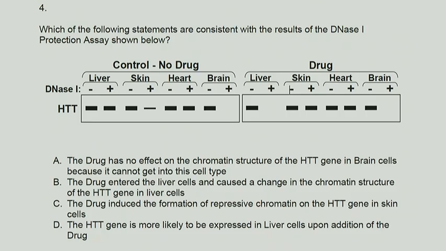But that hypothesis is consistent with the data. You've shown from the data that the chromatin structure is not being modified by the addition of the drug. And then here it says because it cannot get into the cell type. Again, you don't have data specifically saying that, but the hypothesis is still consistent with the data.